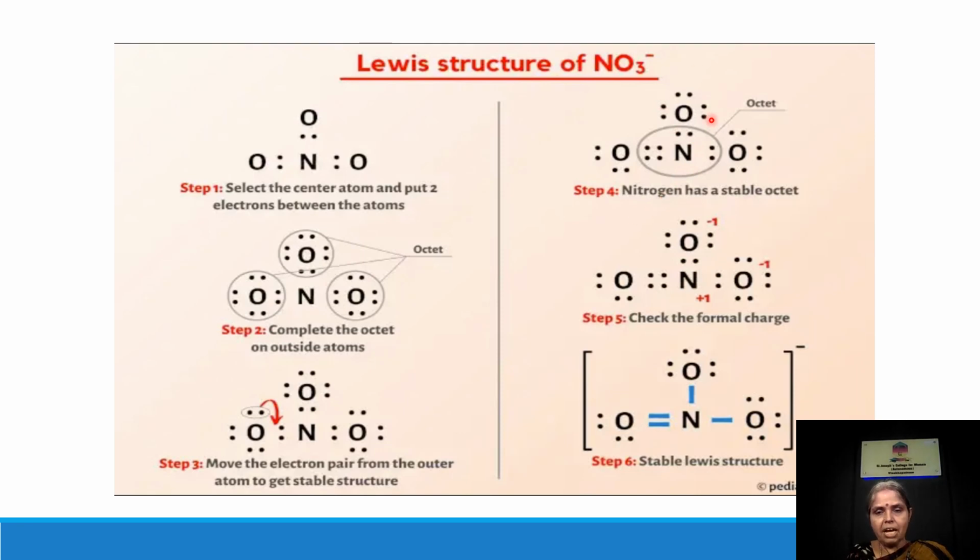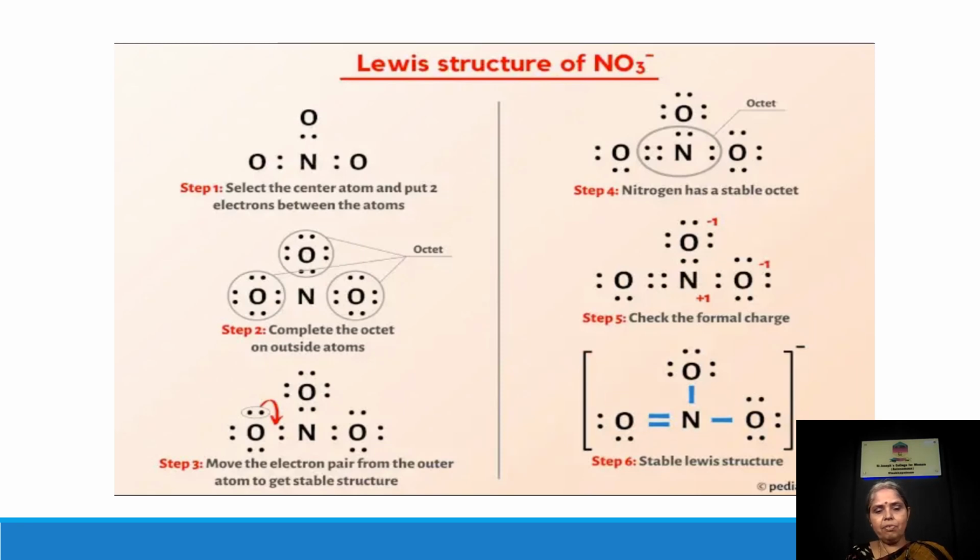This oxygen has an octet, this oxygen has an octet, and this oxygen also has an octet in the form of 2 lone pair electrons and 2 bonding pair electrons. Now, you can see the final charge is indicated outside of the square bracket. It is NO3 minus.